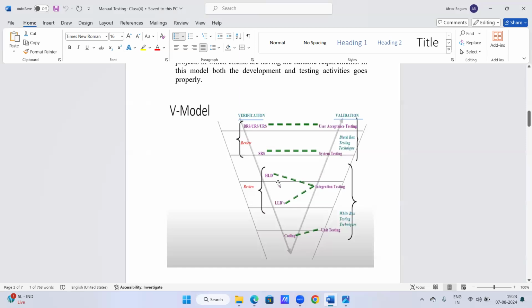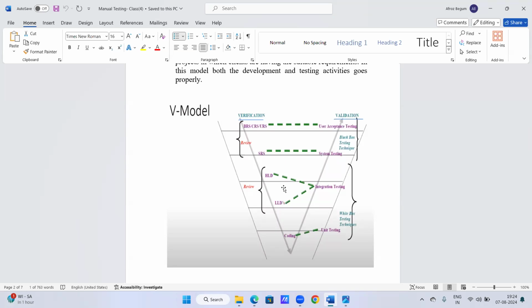So HLD means what? High level design document, which contains the main modules of the application. And low level design document, LLD, contains the low level modules of the application.